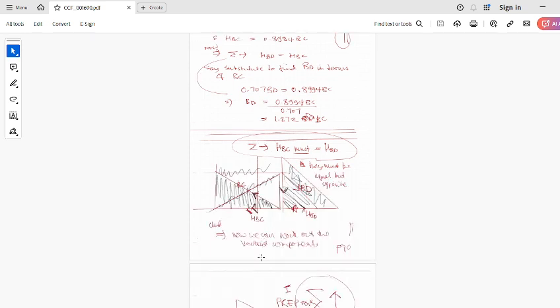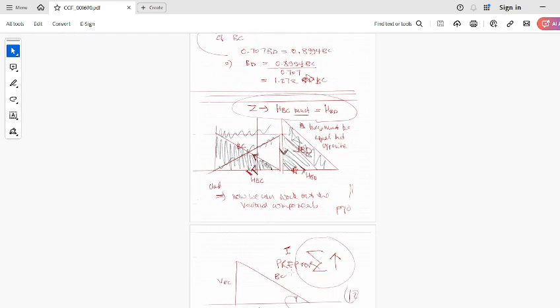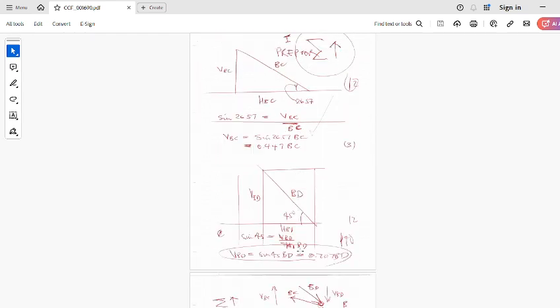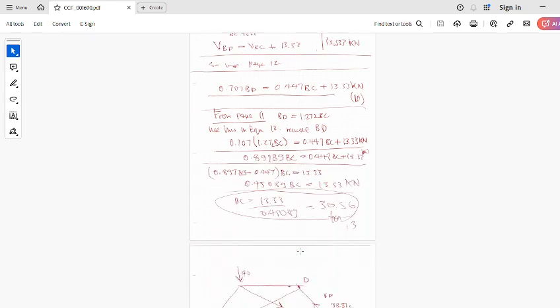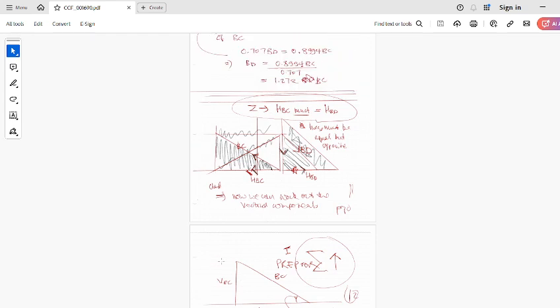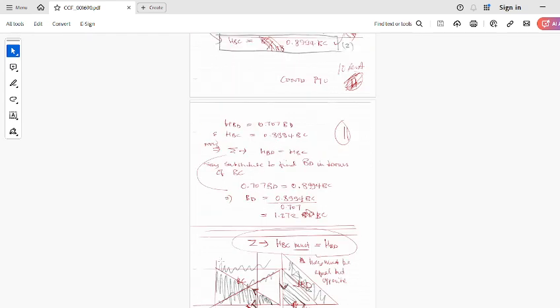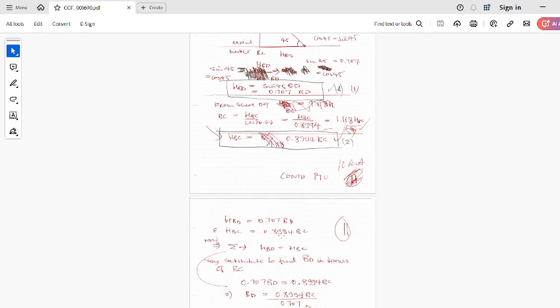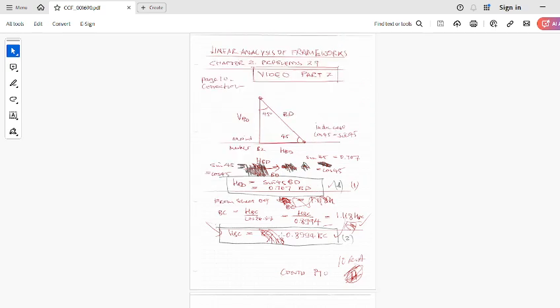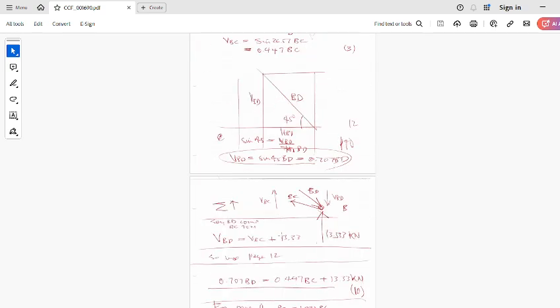I've double checked it, and when I come back over it again, I should find that that is 30.56 from the other side. BC equals 30.56, and HBC is 0.8994 BC. So I'll come and finish that off.